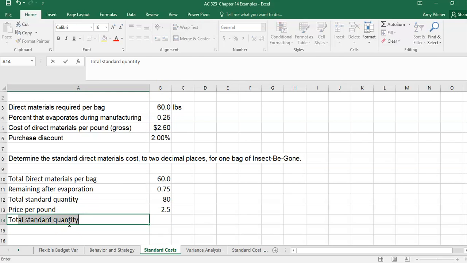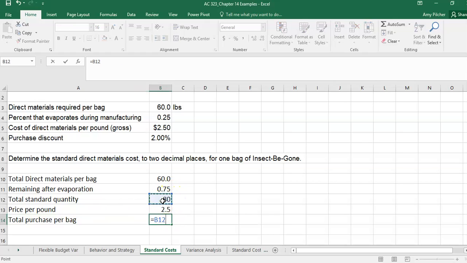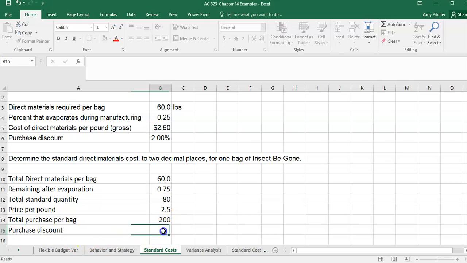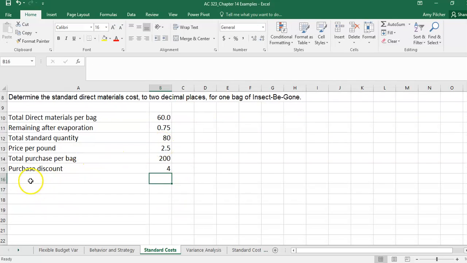So the total purchase price per bag is 80 pounds times $2.50 or $200. We then take our purchase discount of 2%. So 200 times 2% is $4.